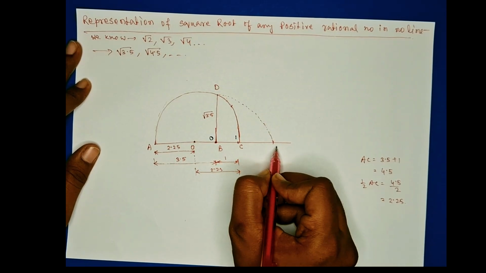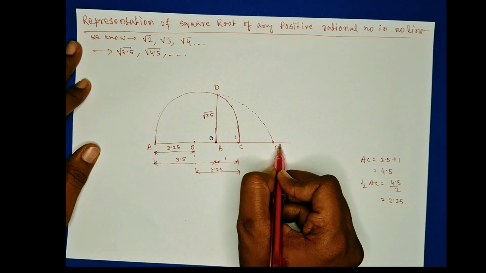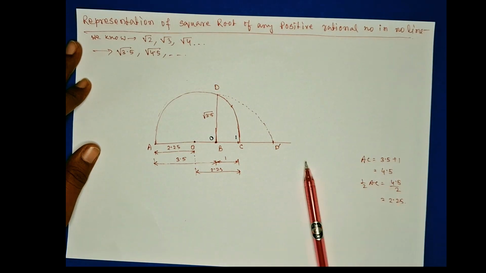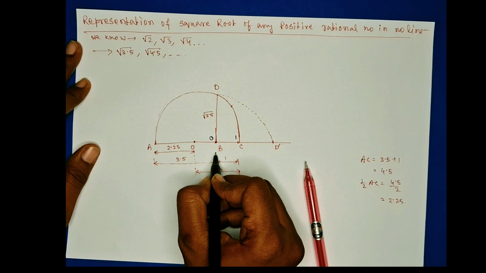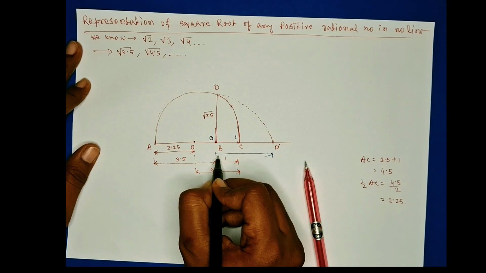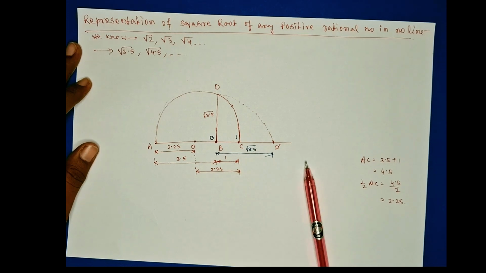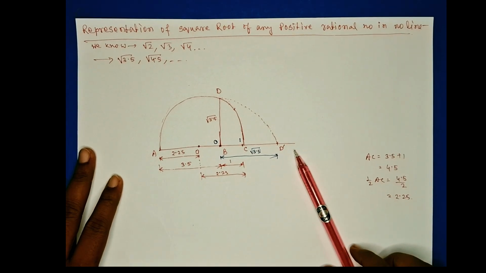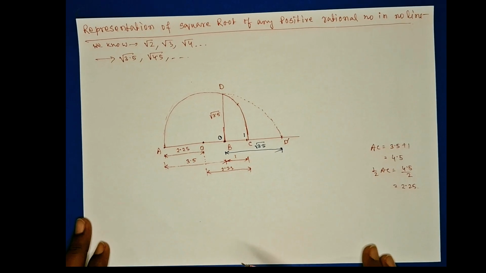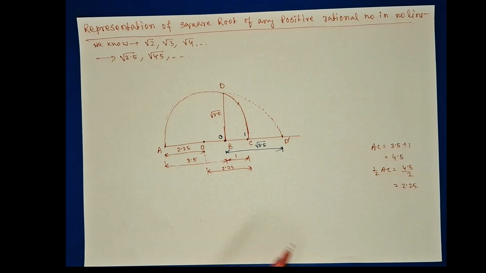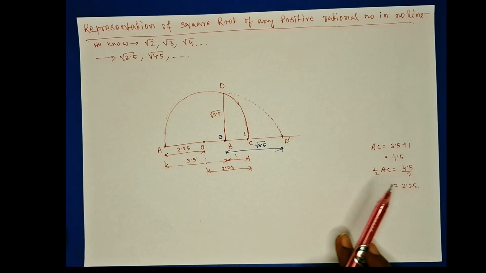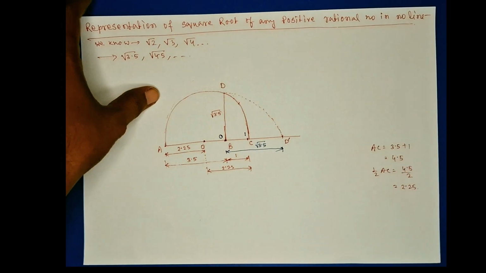Suppose this point is D dash, so this BD dash will be equal to square root of 3.5. So in this way I can draw square root of any positive rational number. Let me show you.